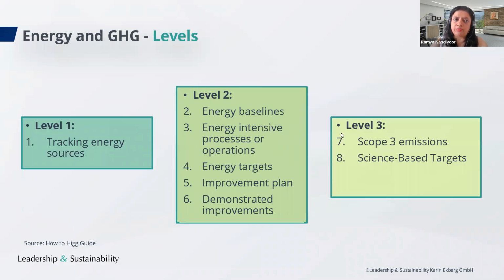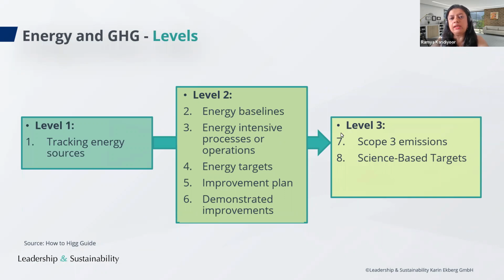Coming to the energy module, you will have level 1, 2, and level 3 questions. You have tracking energy sources in your level 1. You have your baselines, your targets, your improvement plans, and your demonstrated improvements in level 2. And in level 3, you will have your scope 3 emissions or science-based targets questions.